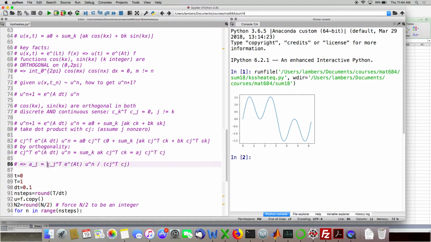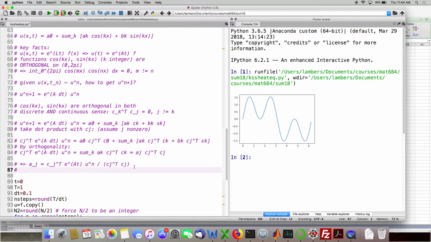So that's it. That's your formula for your coefficient. And similarly, for Bj, it is Sj transpose e to the a delta t un over Sj transpose Sj.